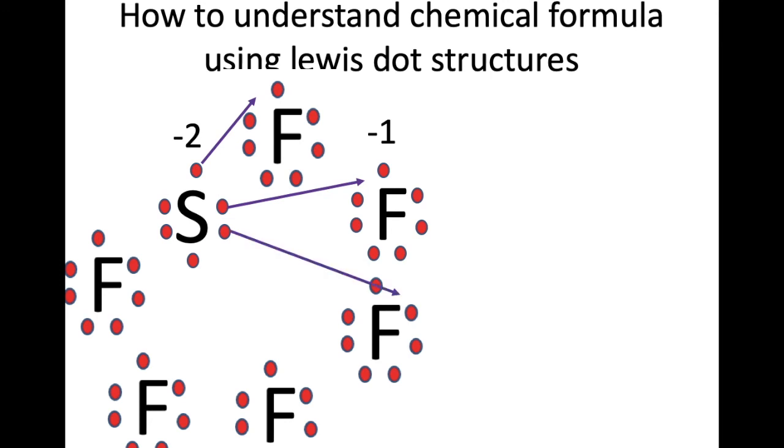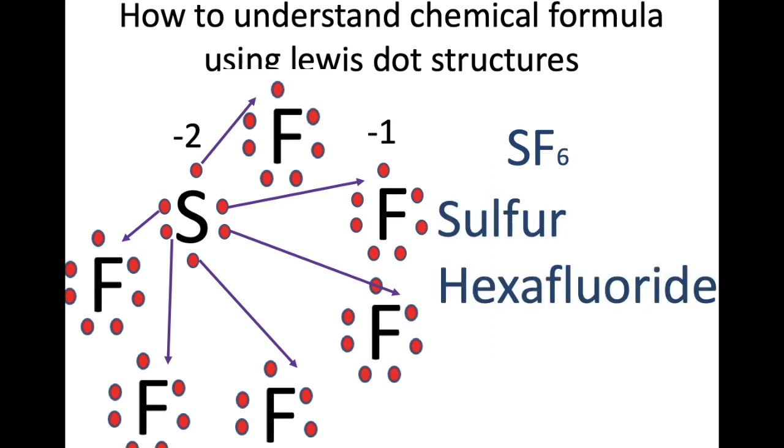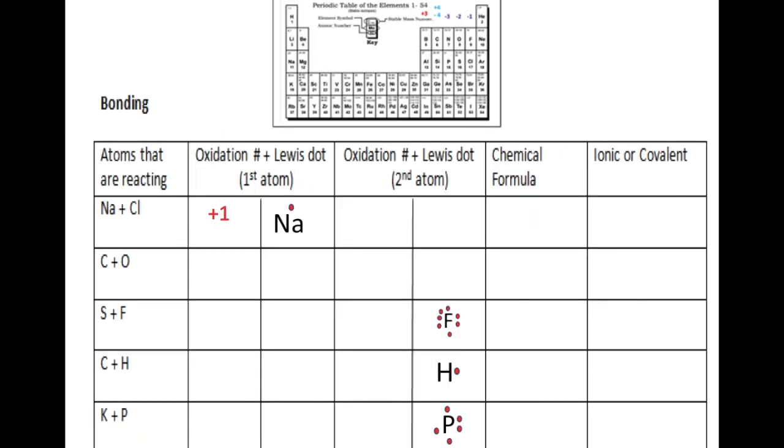We have the second one, the third electron, the fourth electron, fifth, and sixth. What you see here is that fluorine is happy because it has all 8 valence electrons, and sulfur is happy because it's been able to give and share those electrons. So we get a chemical formula of SF6, which is a chemical called sulfur hexafluoride.